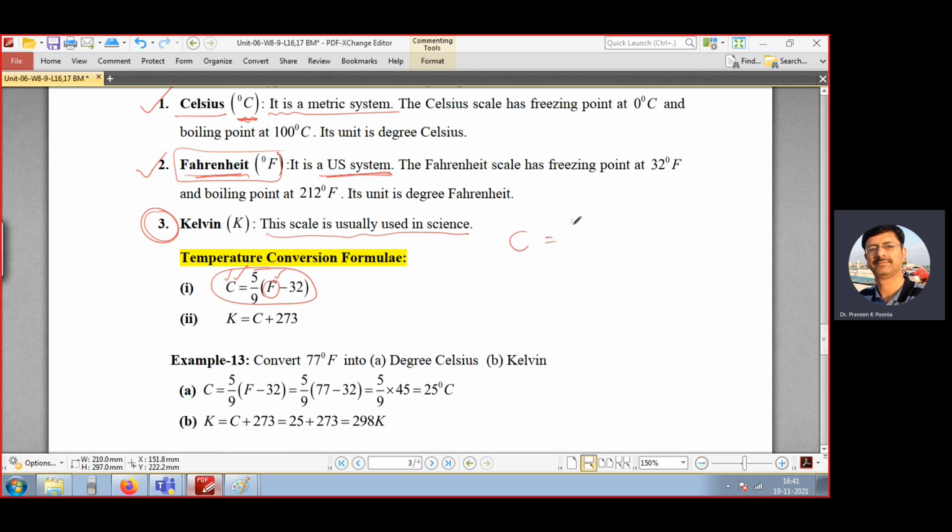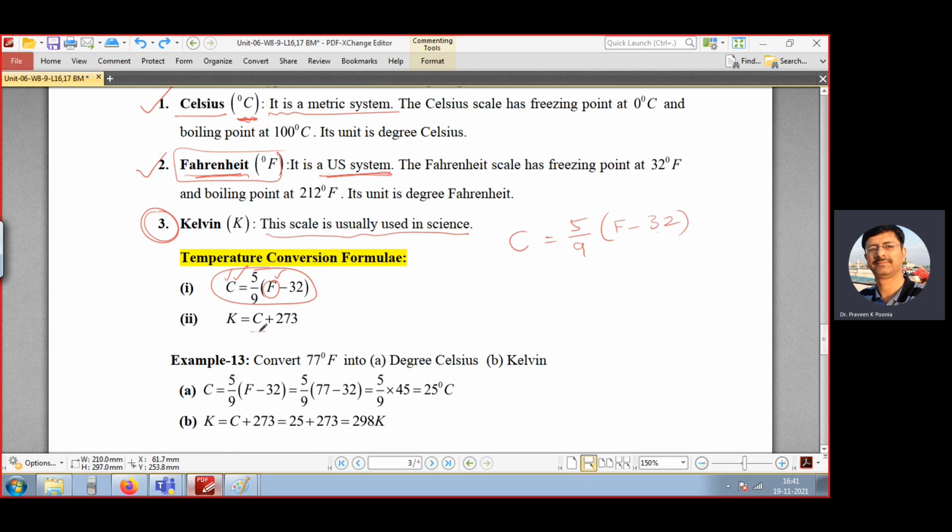C equals 5 divided by 9 (F minus 32). This is the formula. If you put the value of F here, you can find the value of C, and if you put C, you can find the value of F. So if one is given, you can find the other.